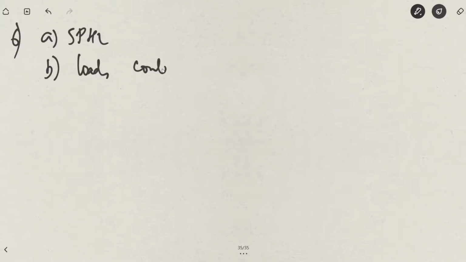Next instruction, the final instruction of the stack pointer group, is SPHL. So it loads the contents of the HL register pair on the stack pointer.